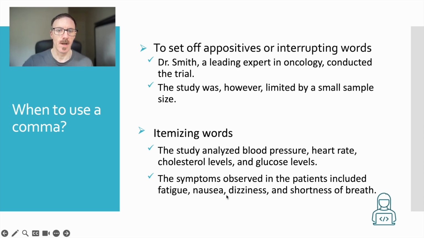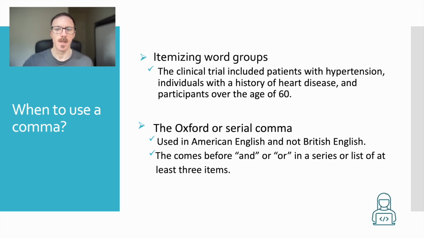Similarly, you can see this in our next sentence. The symptoms observed in the patients included fatigue, nausea, dizziness, and shortness of breath. So similarly to itemizing lists or itemizing words, we can use commas when we're itemizing word groups.